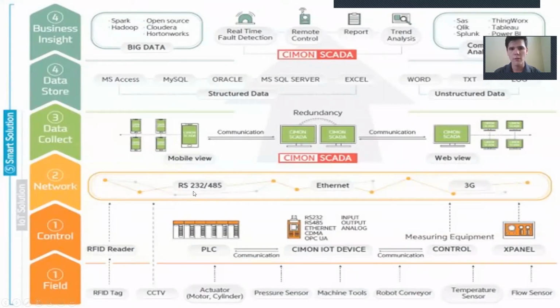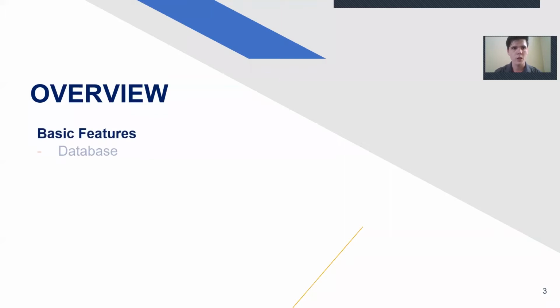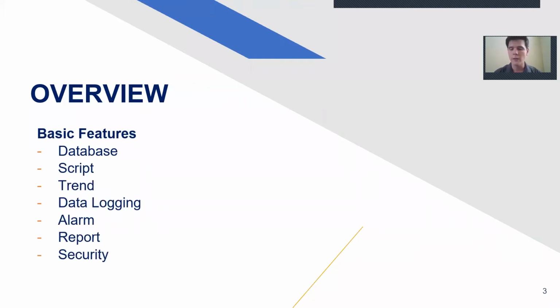You can communicate via serial, Ethernet, or whatever communication you're going to be using. So that is just a little overview of how CIMON SCADA can be implemented into your system. We're going to go over the basic features today. The foundation of any project, you're going to need a database, so all the tags and whatnot.